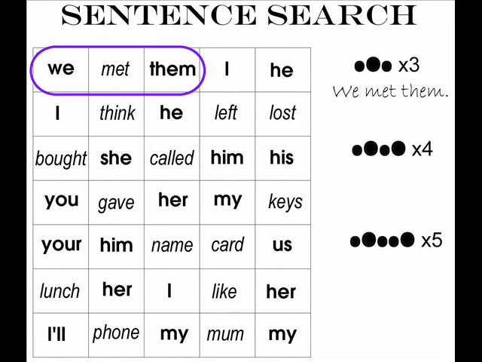So, next. This game is a kind of word search where you have to find sentences. Like this, for example, "we met them." You have sentences which are horizontal, some which are vertical, and they may use the same word twice.